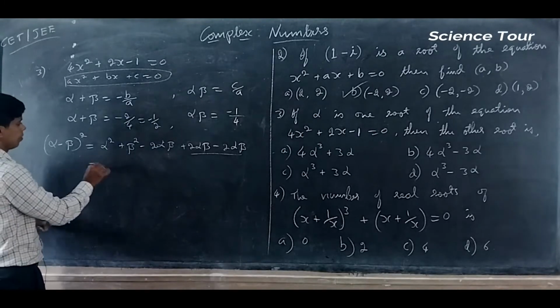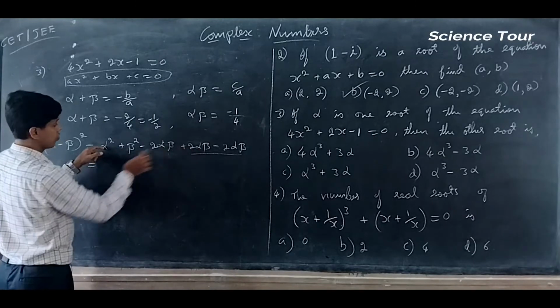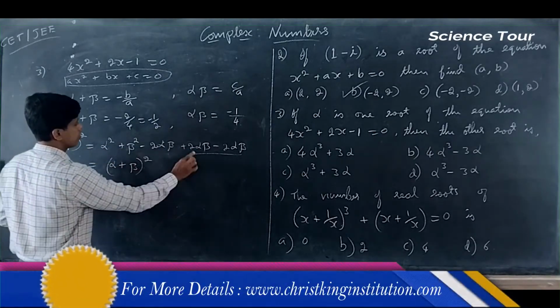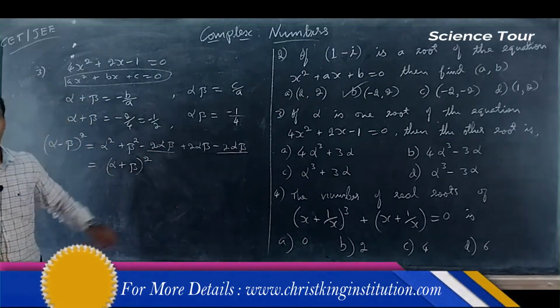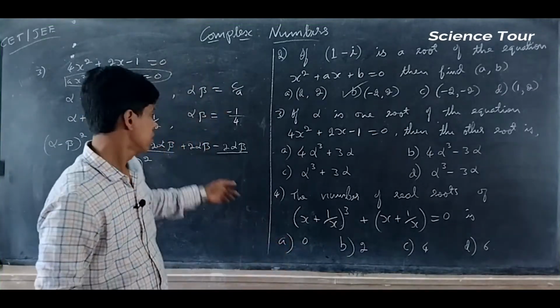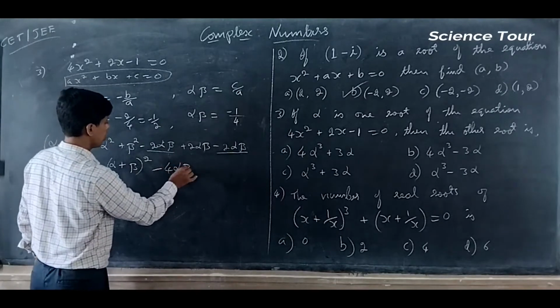Now alpha square plus beta square plus 2 alpha beta is alpha plus beta the whole square. Then minus 2 alpha beta and minus 2 alpha beta is totally minus 4 alpha beta.